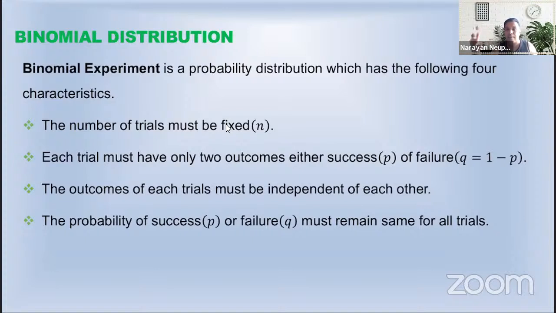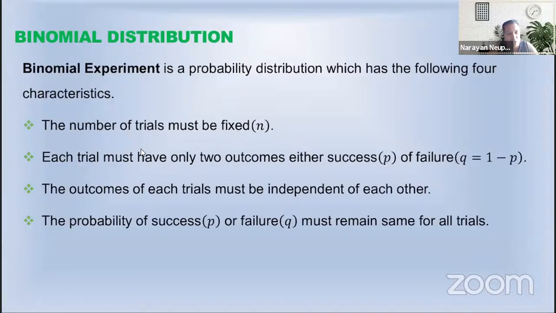You are guessing for the 5 times. First guess on the first question, second guess on the second, then third, fourth, and fifth. So number of trial is fixed. That is the first condition. So answering those 5 multiple choice questions by guessing should be a binomial experiment. Let's see whether it satisfies all conditions or not.